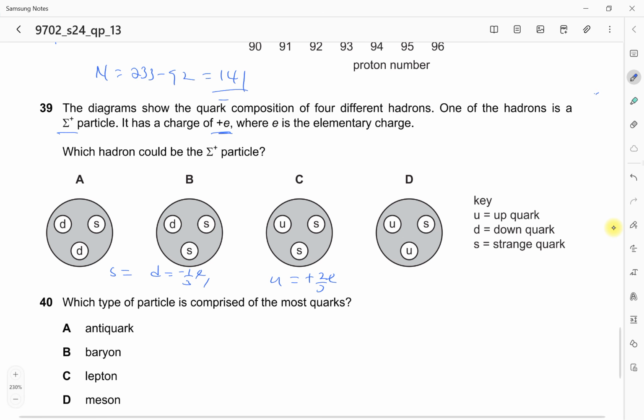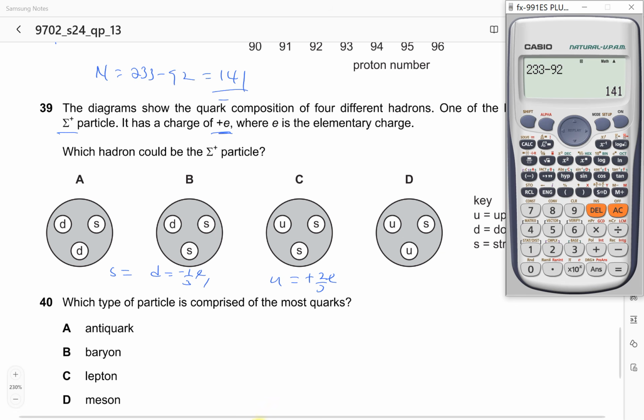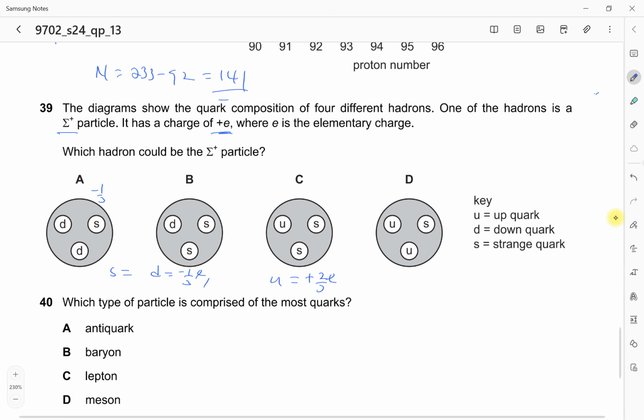So for A, what is the charge? For A, the charge is going to be -1/3e times 3, which is equal to -e.